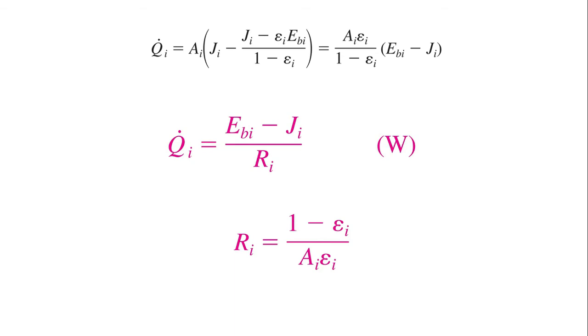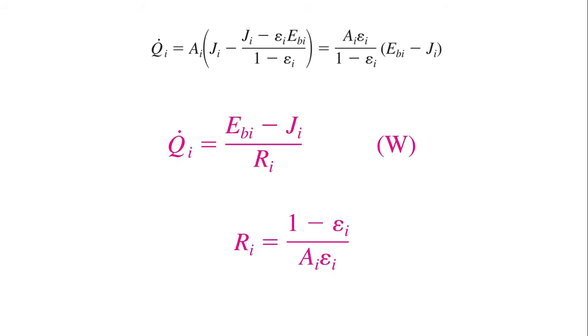The direction of the net radiation heat transfer from this equation depends upon the relative magnitudes of this value, which is known as the emissive power of a black body at the temperature of the given surface, and the radiosity of that particular surface.